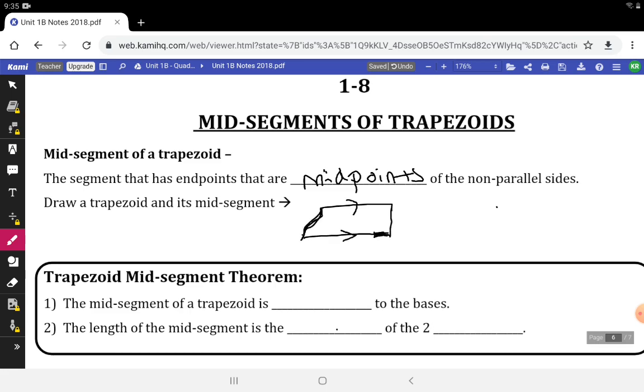All right, we know that those are parallel. Now I find the midpoint, find the other midpoint, and connect the dots. And that is our midsegment.